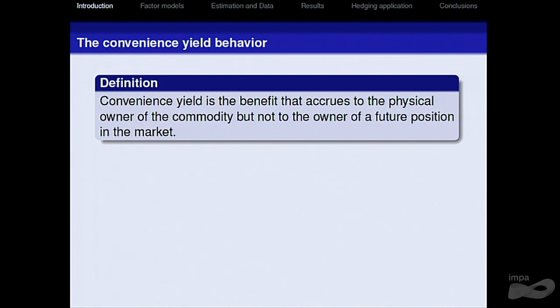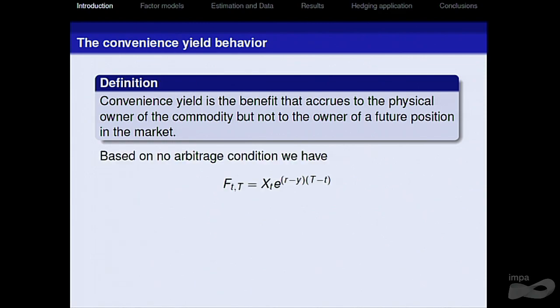So here is the basic definition of convenience yield. Convenience yield is the benefit that accrues to a physical trader, the owner of the physical commodity, and not to the owner of a future position in the market. Based on the no-arbitrage condition, we can write that the future is the spot price times the exponential, including here the cost of carry or the convenience yield, which is the y here.